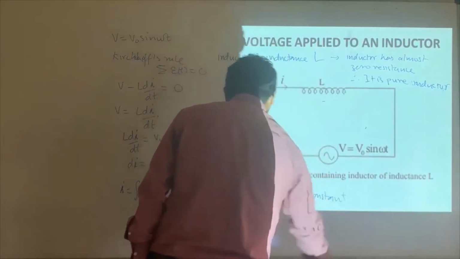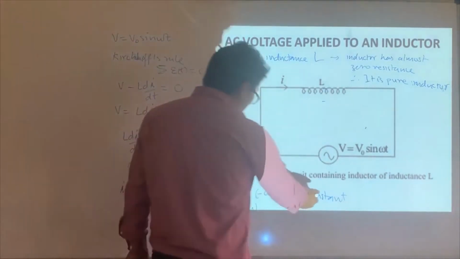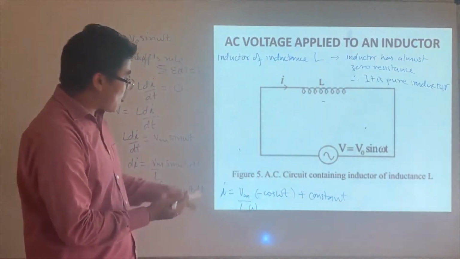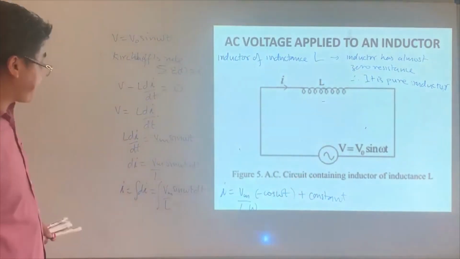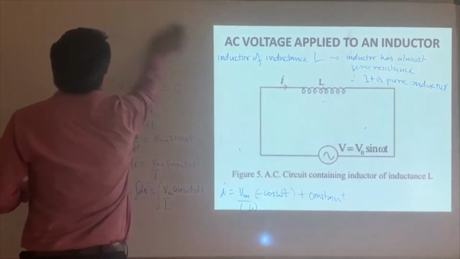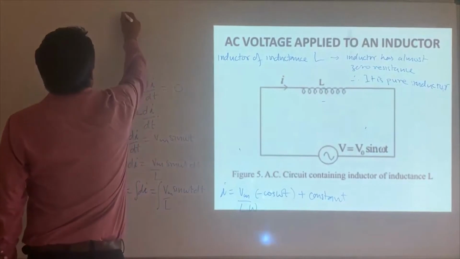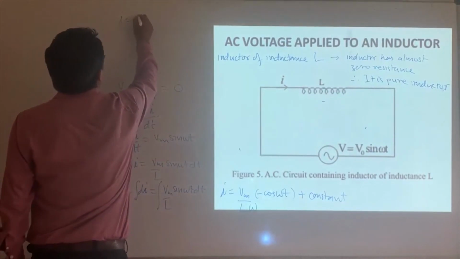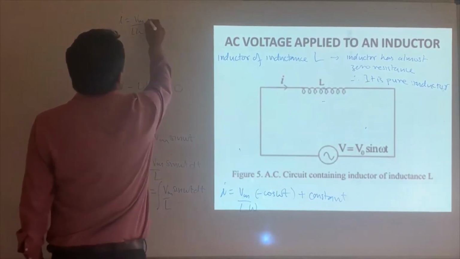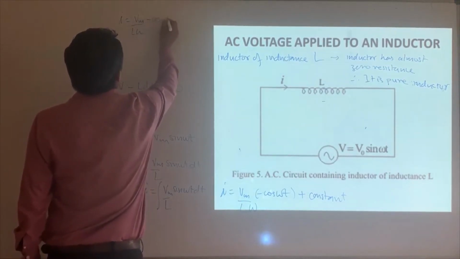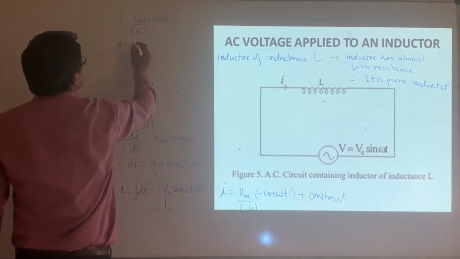Whenever it is an indefinite integral, we have to put a constant. However, this constant becomes 0 now. Why? Because it is alternating, so the constant becomes 0. So finally, what we can write is I is equal to Vm by L omega, minus cos omega t.